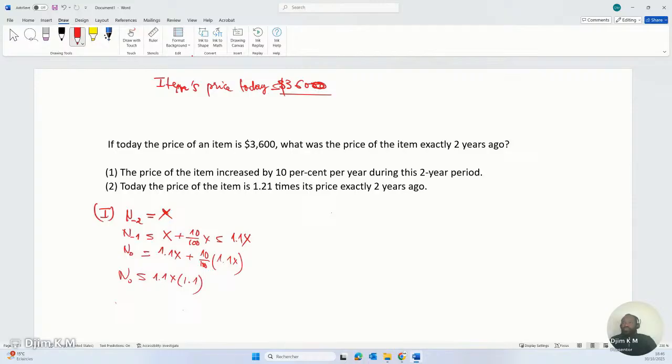So what we can say is that n minus 2 is equal to x, which is equal to the price of the item 2 years ago.